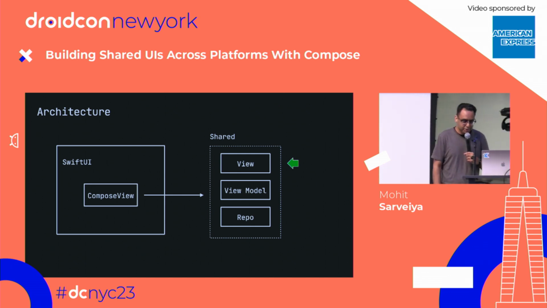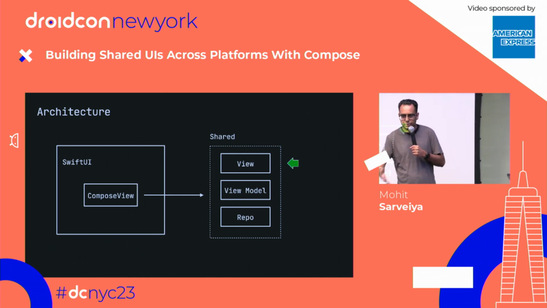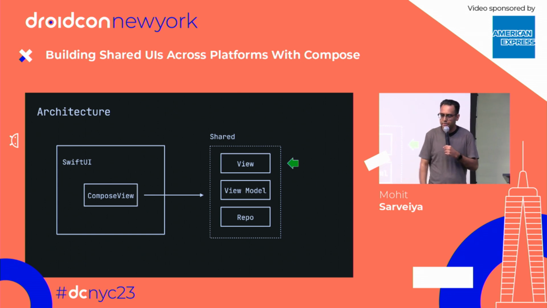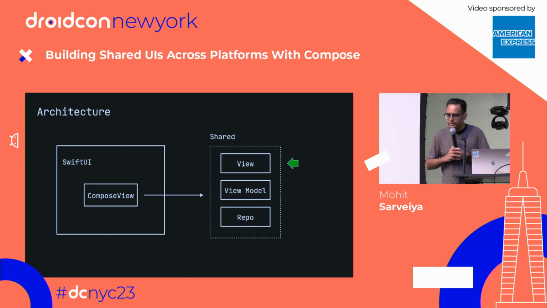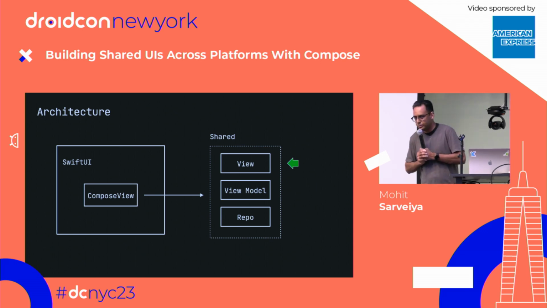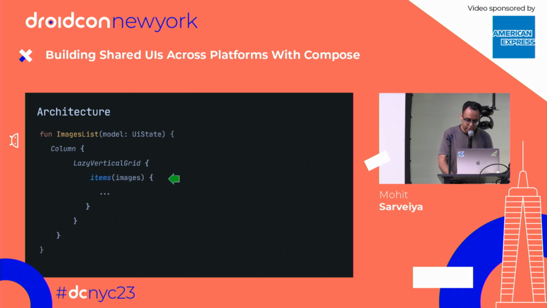Coil is not multi-platform yet. There was a grant. Grants are good, free money is good. But there are other libraries like Kamel, with a K. Sebastian taught me about Kamel, which you could use to display images.